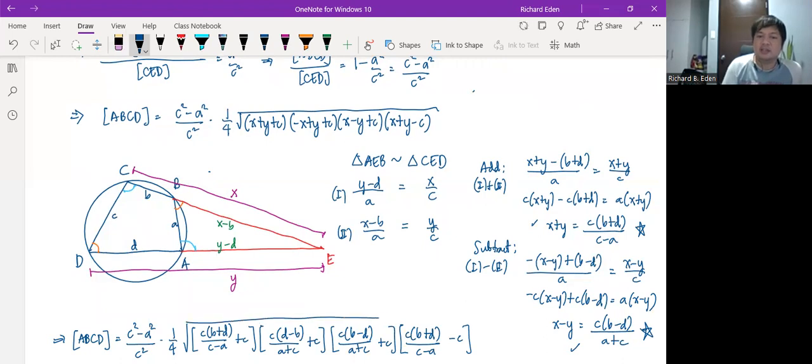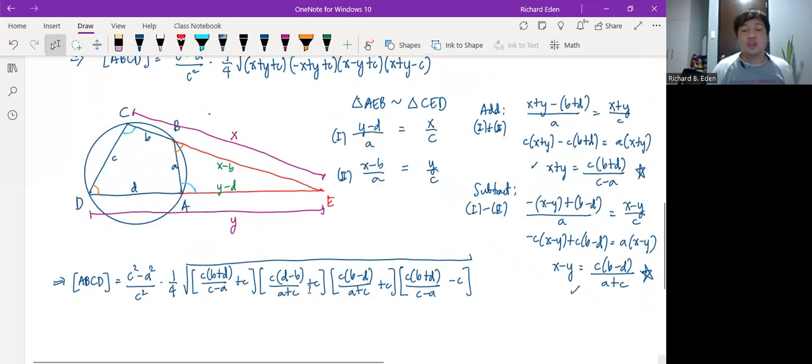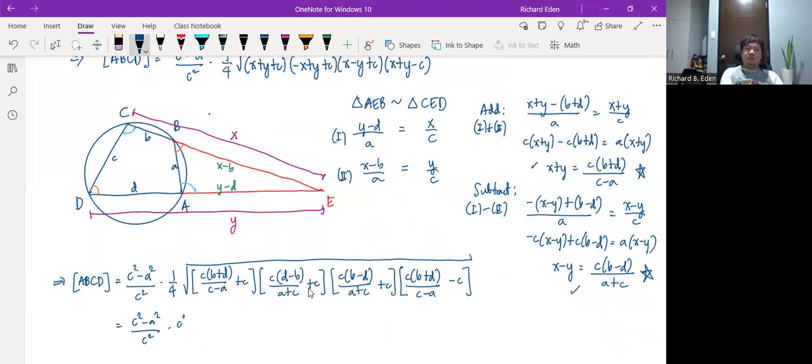Observe that in the four bracketed expressions, each of them has c as a common factor. So inside the radical, you have c to the fourth, and then you can bring it outside the square root, that's going to be c squared. So c squared minus a squared over c squared, and then c squared over 4. In each of the brackets, the factor of c in the numerator has been removed.